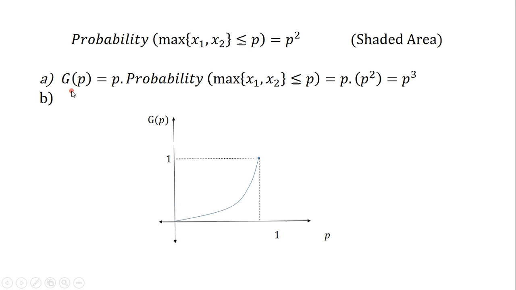Now part A asks about g of p, which is equal to p times this function. We calculated this as p squared. So if we substitute it in this equation, we get p into p squared, which is equivalent to p cube. Now the next question asks you to plot g of p, which is equal to p cube, which is very simple.